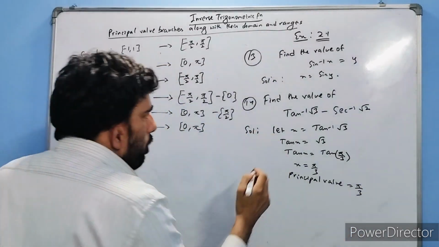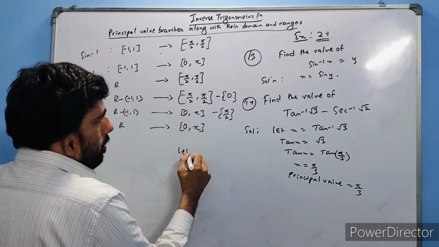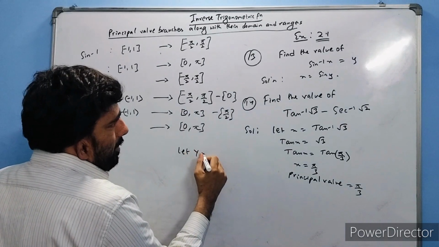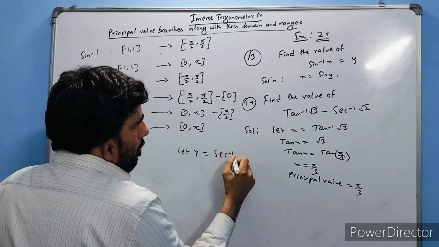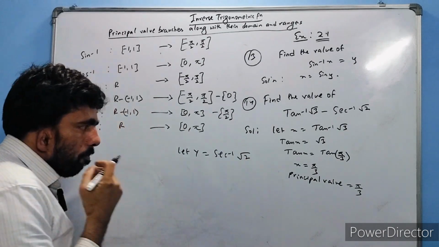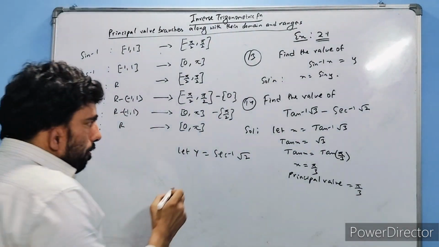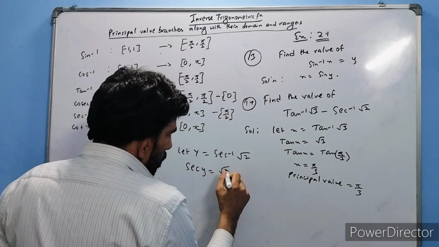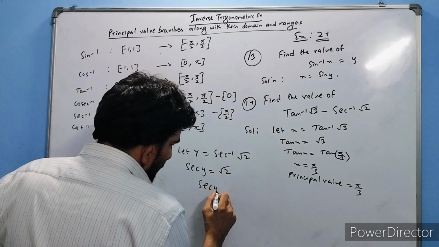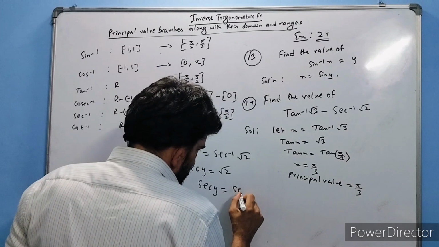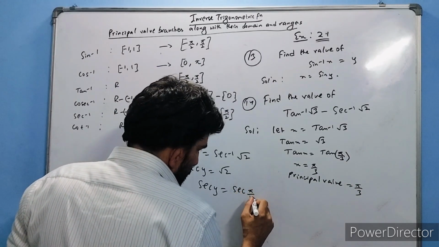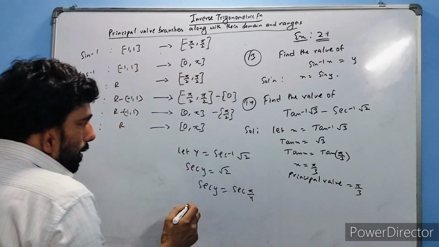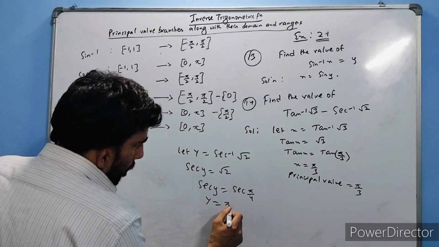And now let us try to solve another. Let y is equal to sec inverse root 2. So sec y is equal to root 2, or sec y is equal to sec pi by 4. So y is equal to pi upon 4.